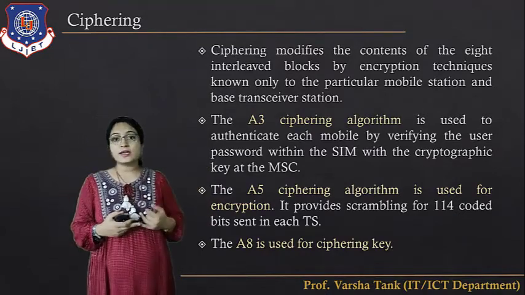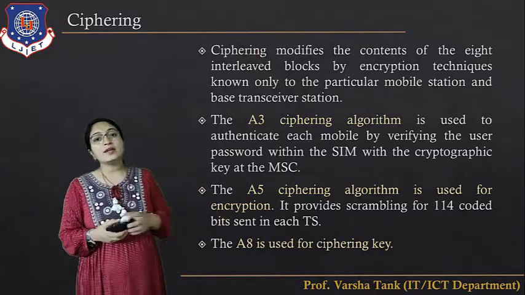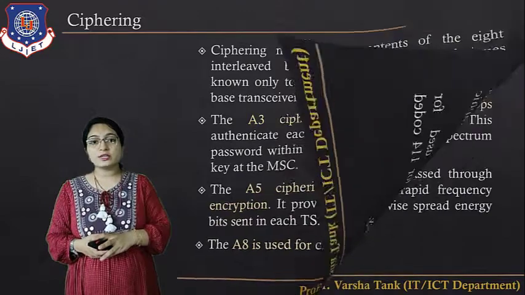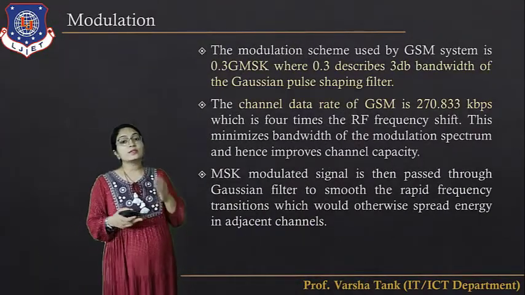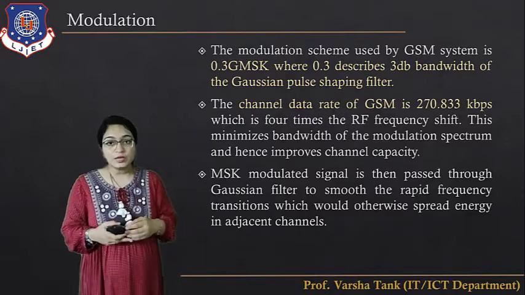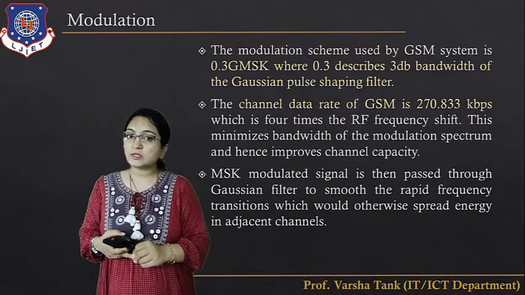So A3 is used for authentication, A5 is used for encryption, and A8 is used for cipher key generation. Now next is the modulation. Signals are transmitted over the air, so modulation is required. Which modulation technique do we use in speech coding?